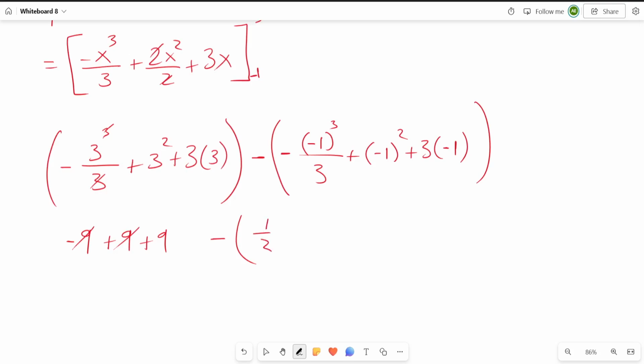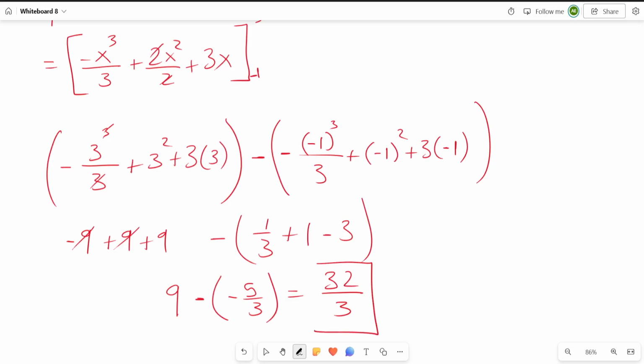So this is 1 over 3 plus minus 1 squared is 1, and then minus 3 over here. So I'll have a 9 minus 1 over 3 plus 1 minus 3 is basically negative 5 over 3. And when I do 9 minus negative 5 over 3, this is going to give me a value of 32 over 3. And this is the answer.